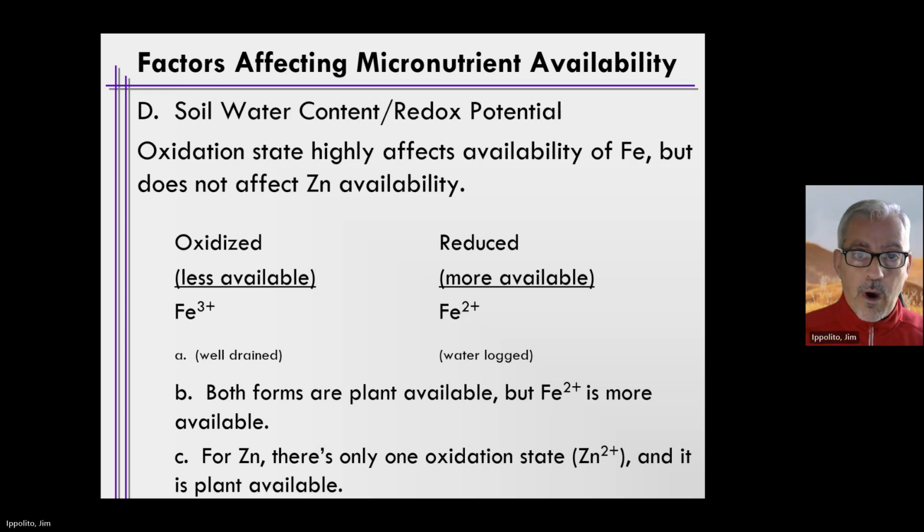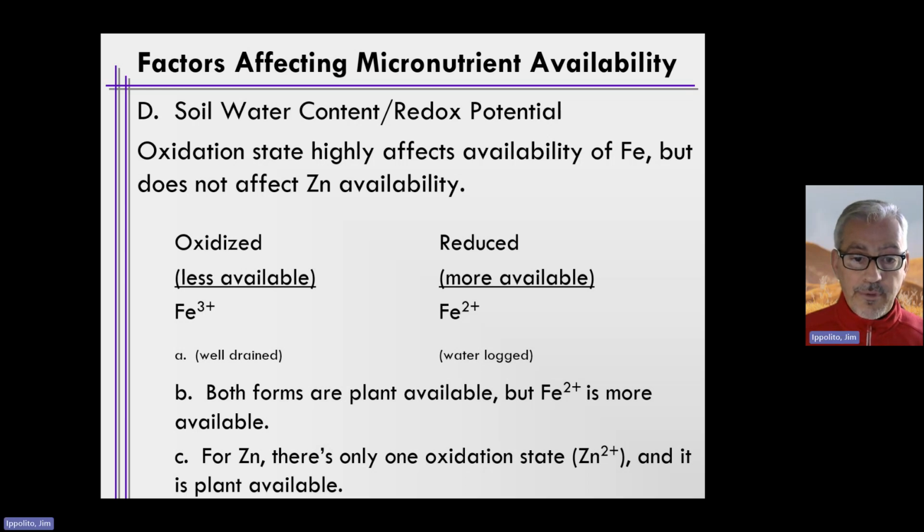Regardless, water content plays a role in terms of the form that iron is in in our soils. And iron is constantly flipping back and forth between iron 2+ and iron 3+ in most of our soils at any given time. And we know this because even if our soils are not saturated, there are certainly zones of saturation within our soils, or even within aggregates.